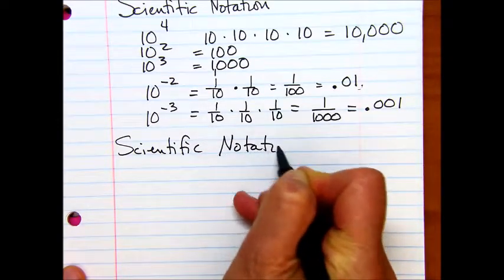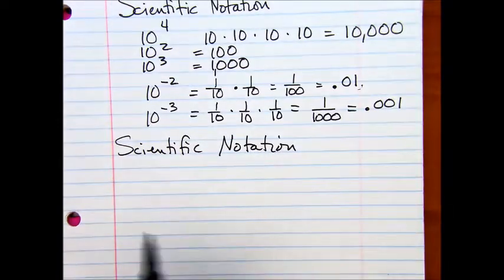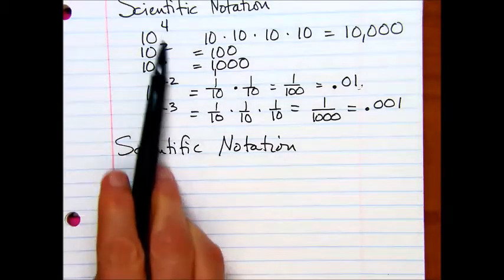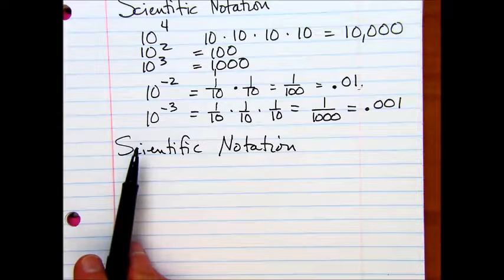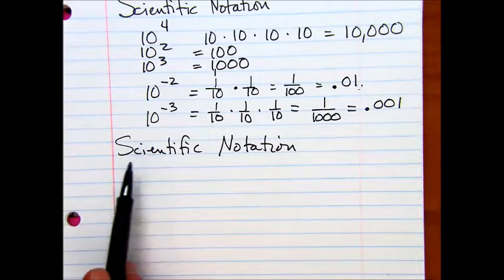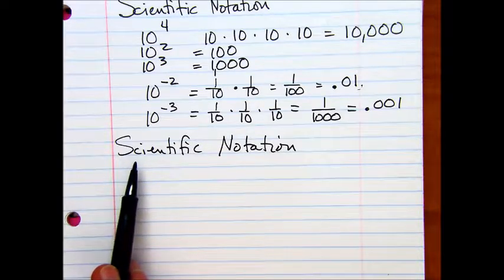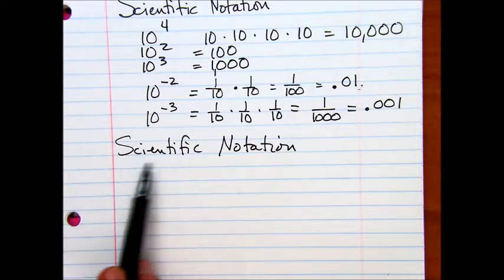So scientific notation uses powers of 10, whether it's positive or negative exponents, to represent really big numbers or really small numbers. And if you're a scientist, you're likely to use scientific notation quite a bit. And there might be other career fields that use it, but that's the one that I thought of right at this very minute.